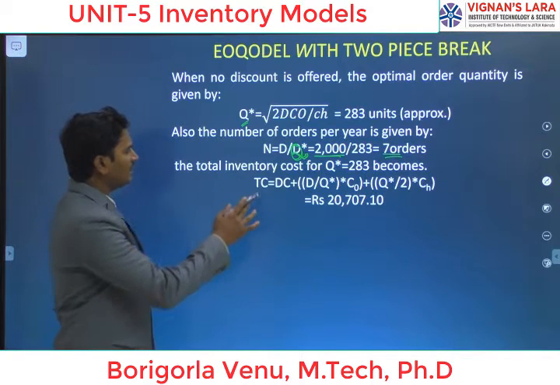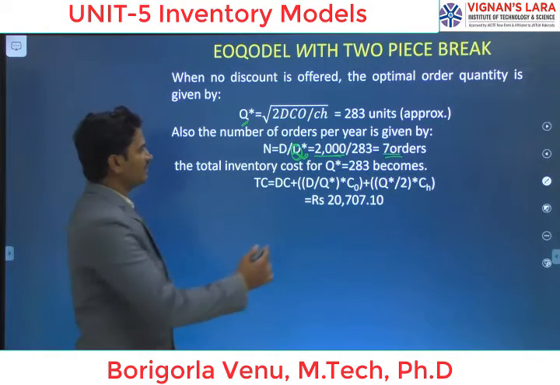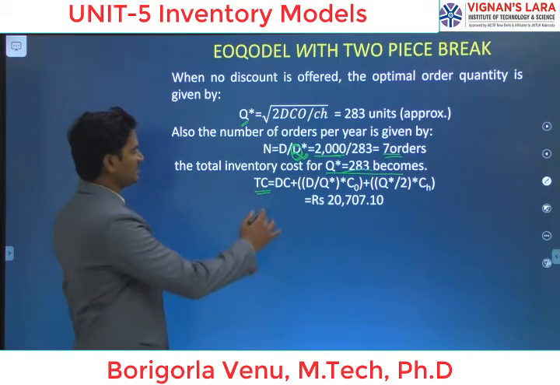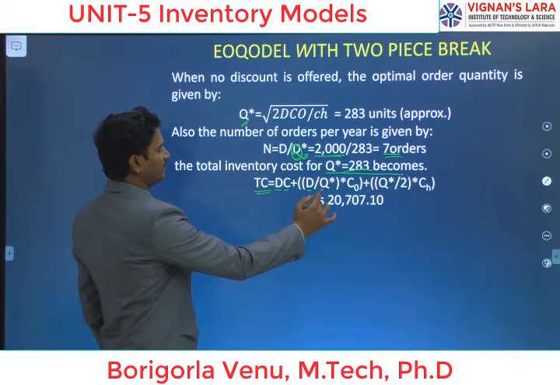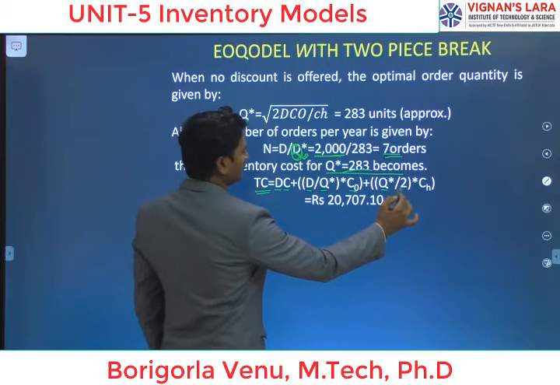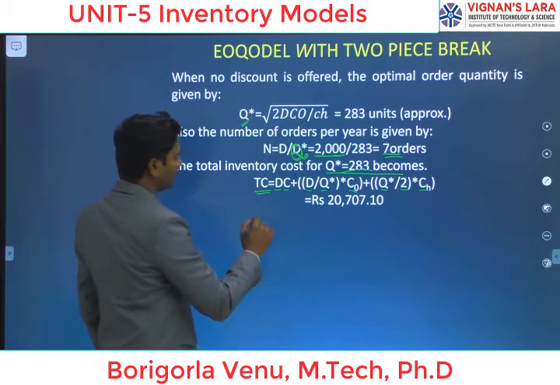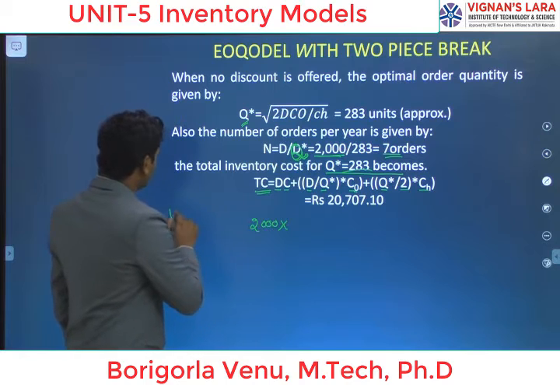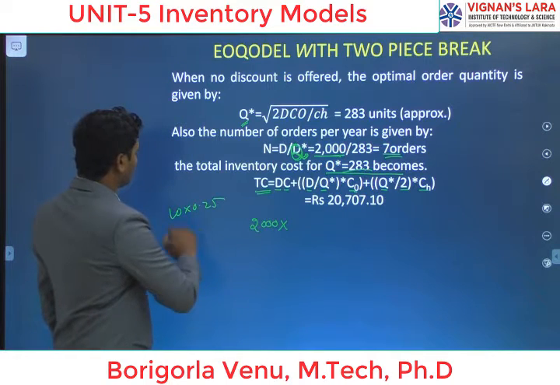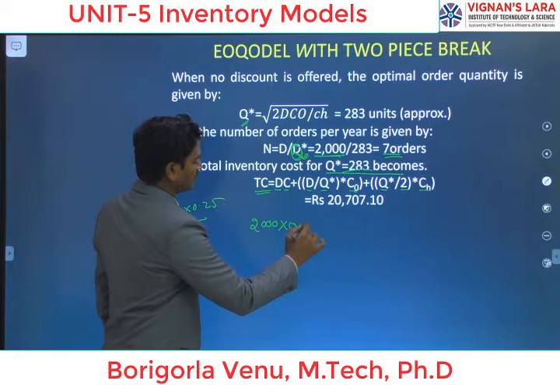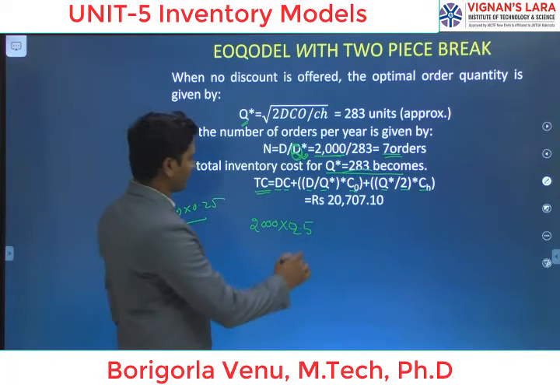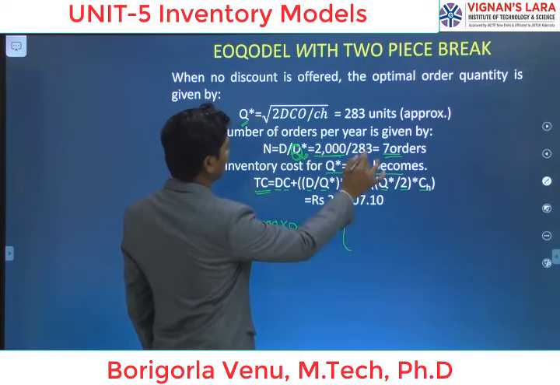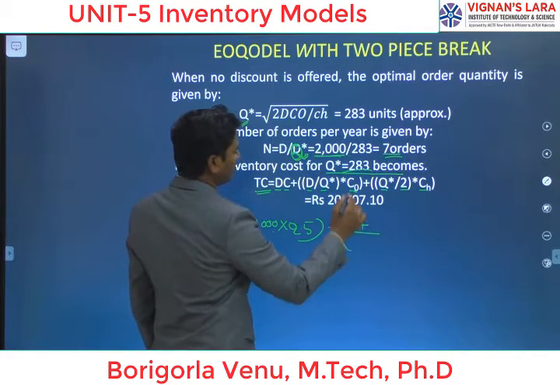Next, the total inventory cost for Q star equal to 283, and here the optimal cost is TC equal to D into C plus D by Q star into C0 plus Q star by 2 into CH. Here we know the D value, that is 2000, and the C value is 10. Plus the D by Q star we already calculated as 7, times the C0 value.